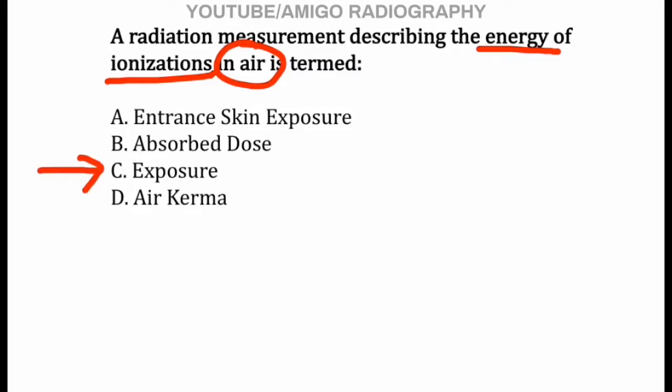But remember that exposure is a measurement of the coulombs of electric charge in air, not the energy of those ionizations. When we're talking about the energy of ionizations, we're especially talking about air kerma. Kerma, again, stands for kinetic energy released per unit mass. And when we measure kerma in air, it's called air kerma. And so we're not measuring the number of ionizations. Just like this question says, we're measuring the energy of those ionizations.